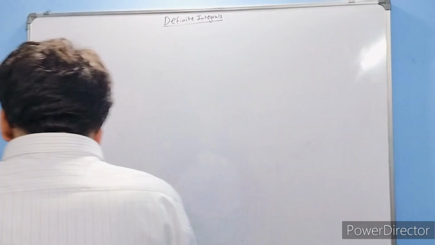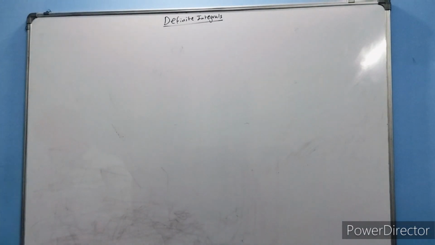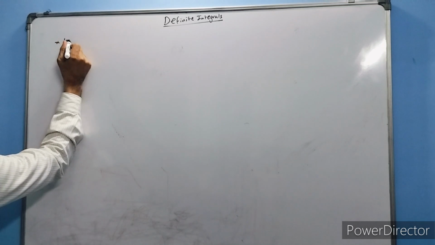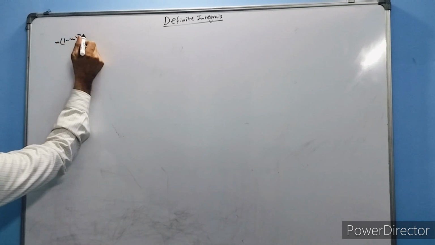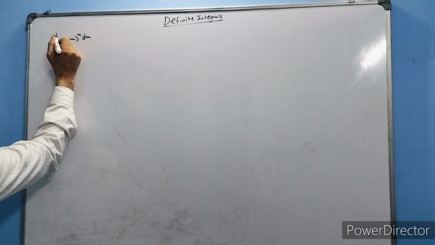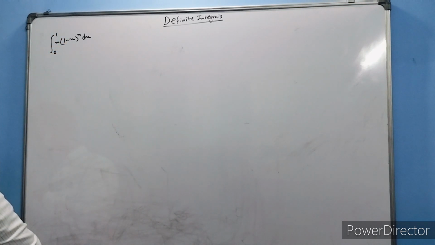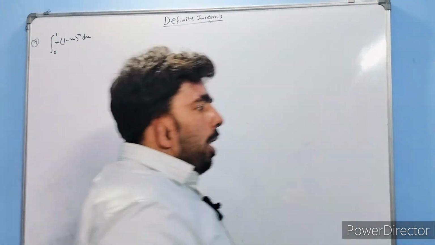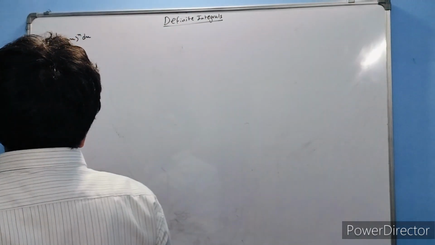That is the question we have. Now we will write the question first. The question is x to the power 1 minus x whole power n dx, from 0 to 1. Now this question is the 7th one. So now let us try to solve this question using the property.